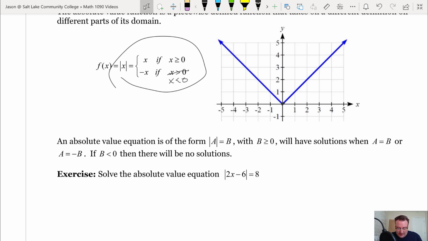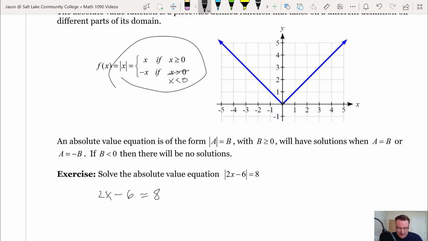So let's assume that 2x minus 6 is positive. In that case, the output of the absolute value function would just be 2x minus 6, right? And solving the equation would be tantamount to solving 2x minus 6 equals 8, okay?